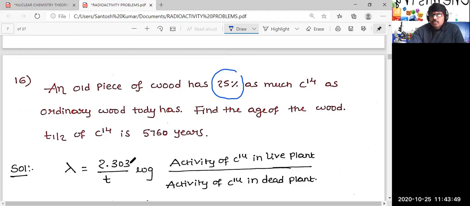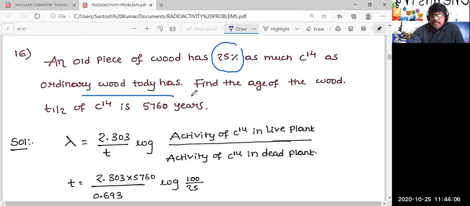Lambda is equal to 2.303 by T log activity of carbon C14 in live plant over activity of C14 in a dead plant. Old piece of wood, obviously, is made from a dead plant. And from this, actually this is T half, right? You bring this T this side and lambda this side. So T is equal to 2.303 by lambda.